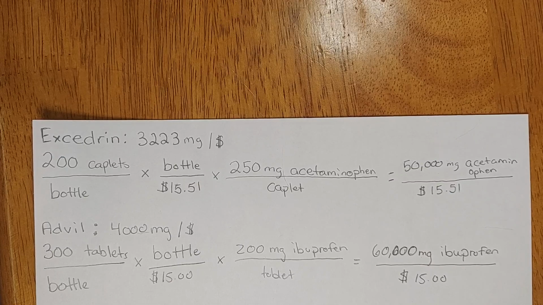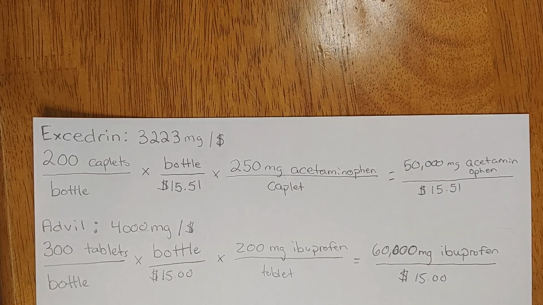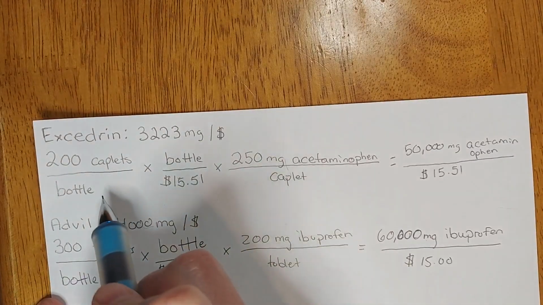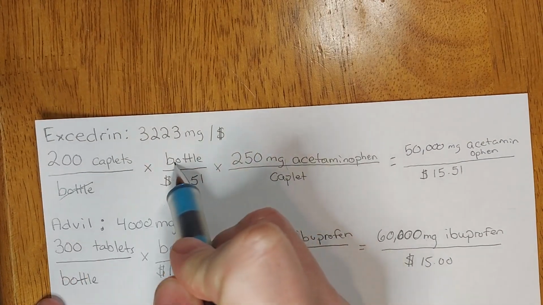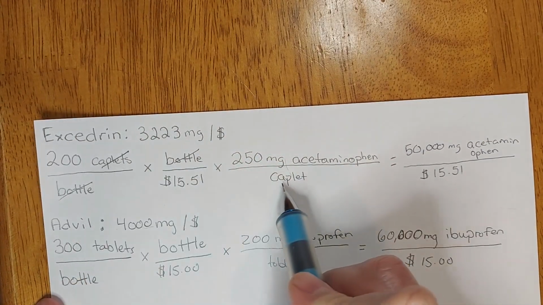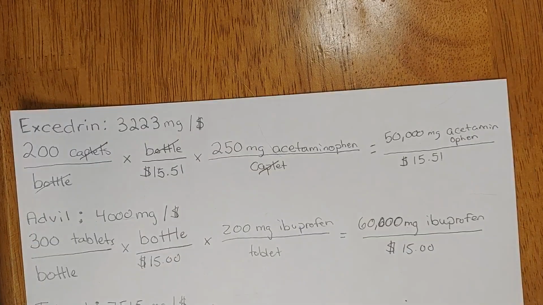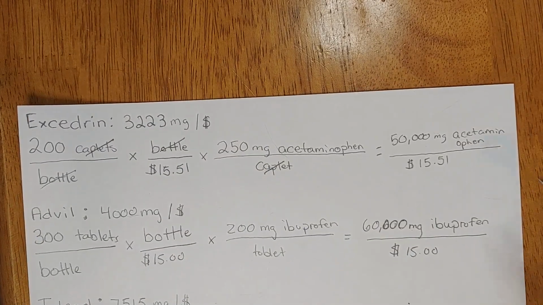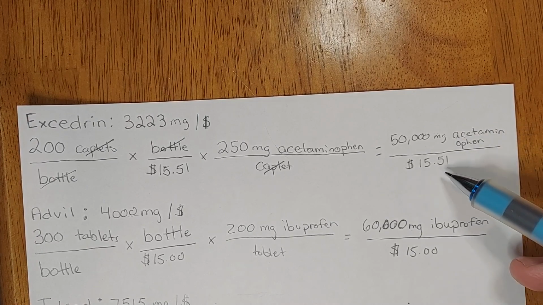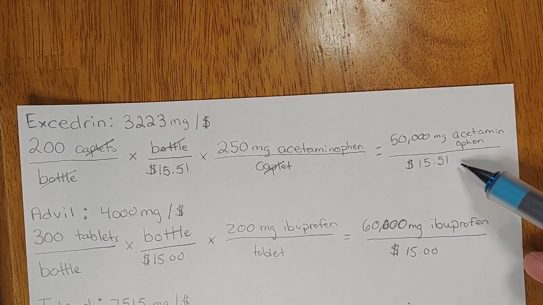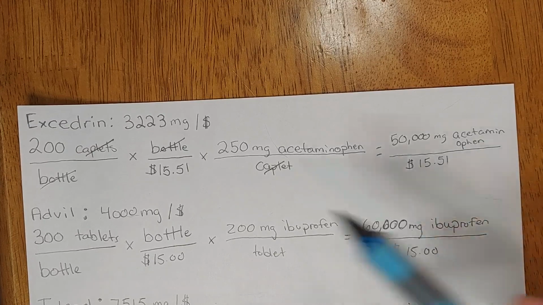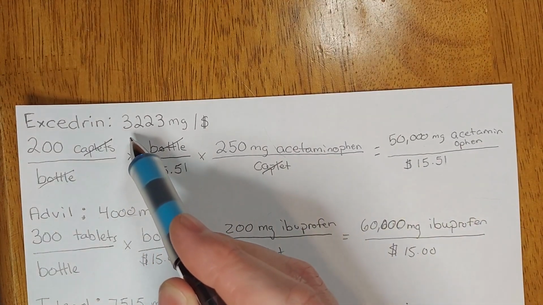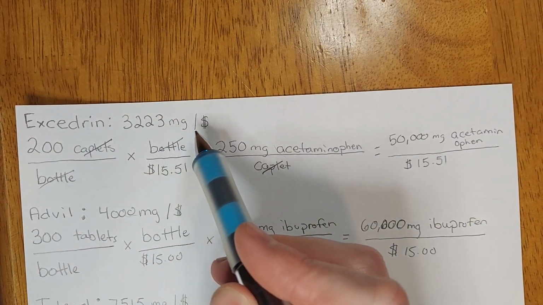Once we eliminate the units and multiply across, we get 50,000 milligrams of acetaminophen over $15.51, which when we divide comes to 3,223 milligrams a dollar.